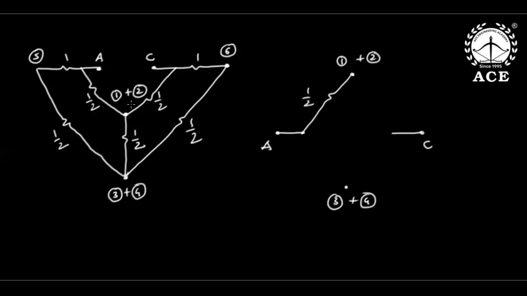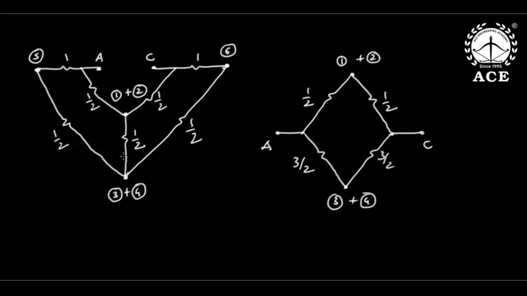Then C to 1 plus 2 is also half. Then A to 3 plus 4 directly, 5 and 6 are simple nodes now. A to 3 plus 4 is 1 plus half, that is 1.5, which is 3 by 2. And C to 3 plus 4 is also 1.5, that is 3 by 2.